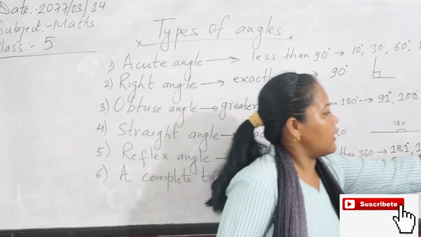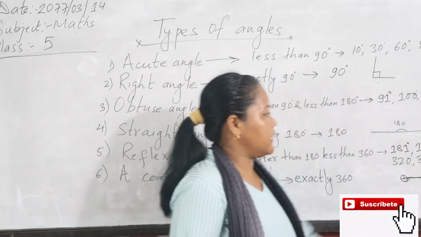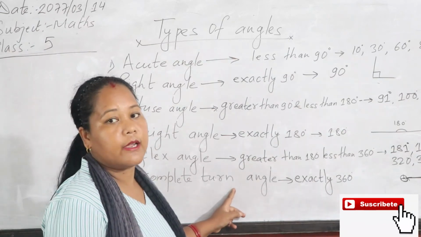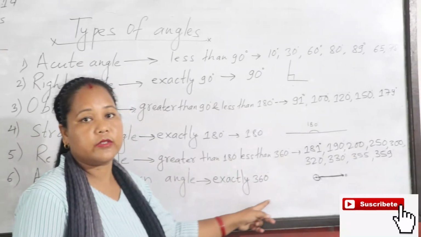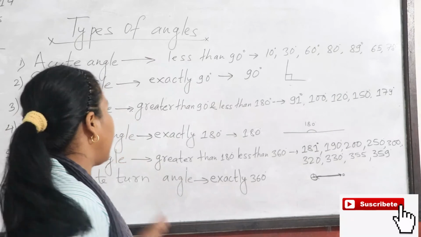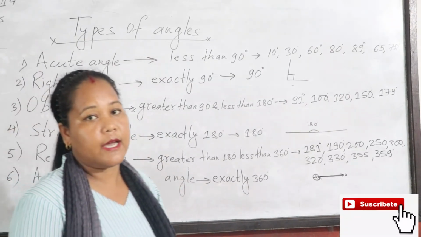And these are the examples of reflex angle, and you can write more examples also here. And last is a complete turn angle, whose measurement is exactly 360 degree. Okay, students, we have 6 types of angle according to their size.